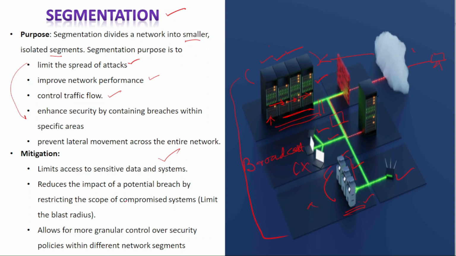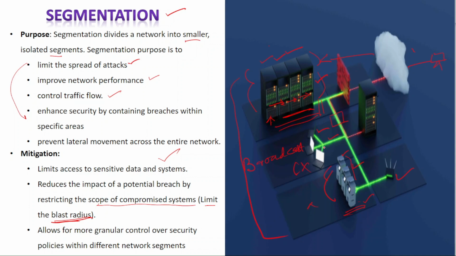Reduce the impact of a potential breach by restricting the scope of a compromised system, limit the blast radius. So this is another term, as I already described. Blast radius means that when one server or one system is compromised, the blast radius or the damage is limited to a specific radius, let's suppose this segment, and other servers and systems are protected, and allow far more granular control over security policies within different network segments.